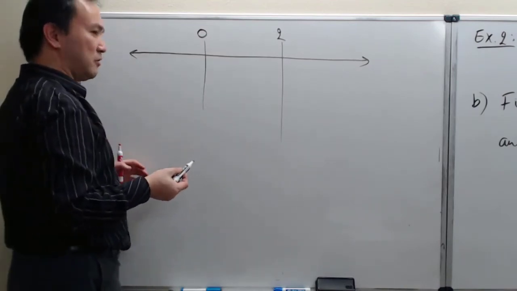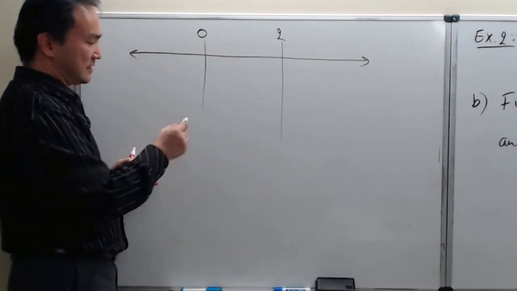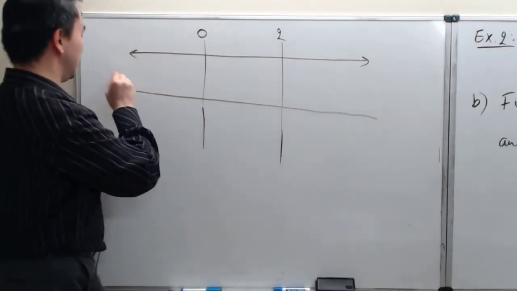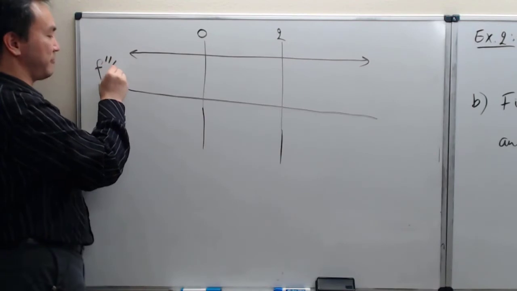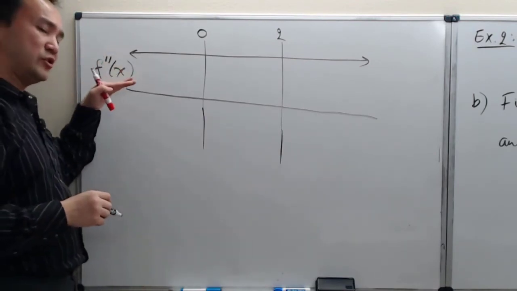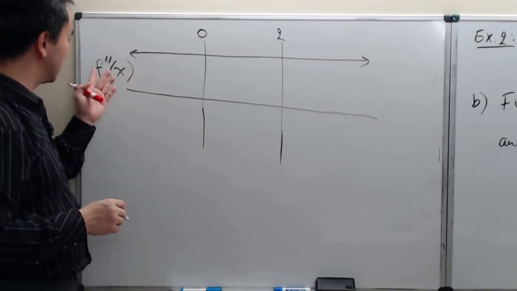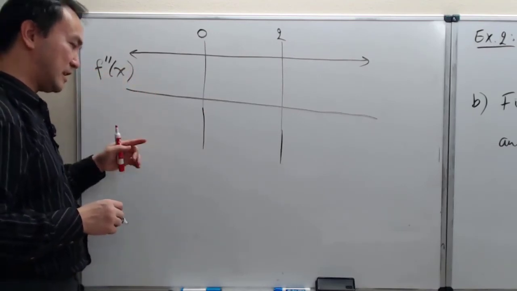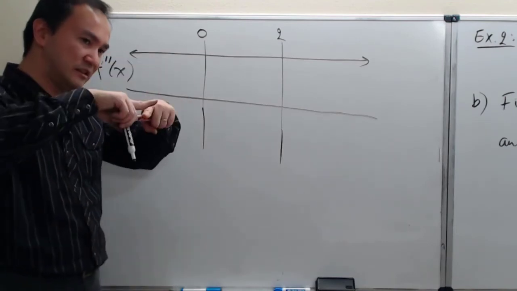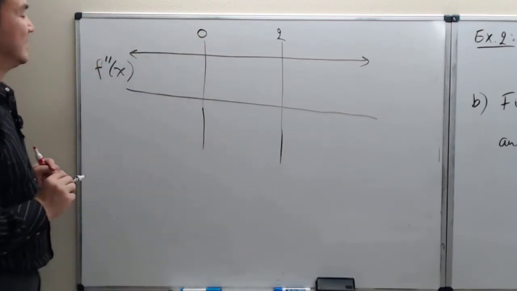The sign chart is just the sign chart. What matters now is that I am going to check the sign of our f double prime. I am not checking the sign of f prime, simply because f double prime is what decides our concavity, either upward or downward.